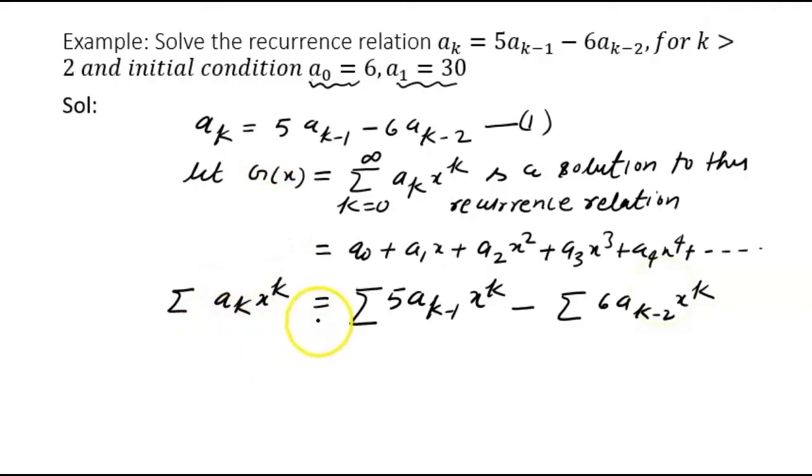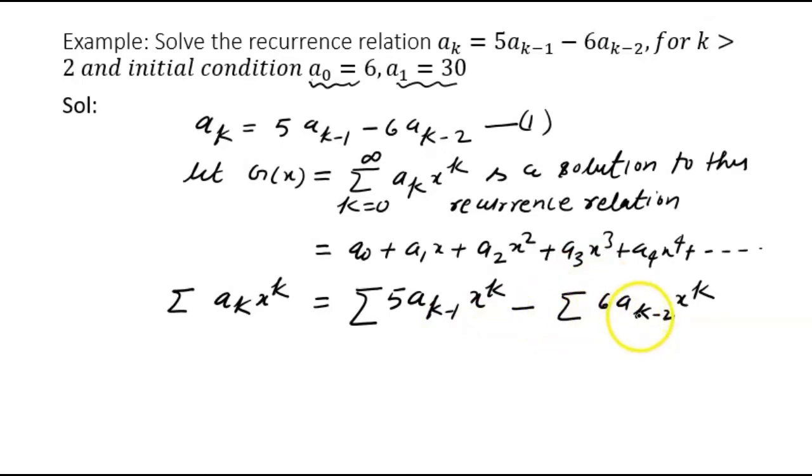I have actually done two things. First I multiplied both sides of the equation by x to the power k, and then I took summation on both sides. But the important thing you need to understand here is over which terms I am going to run the summation.